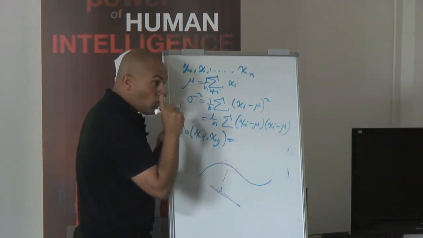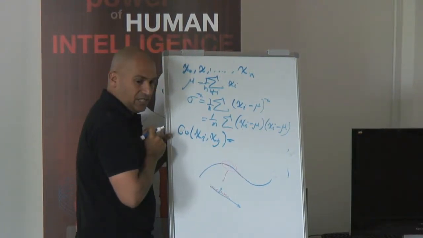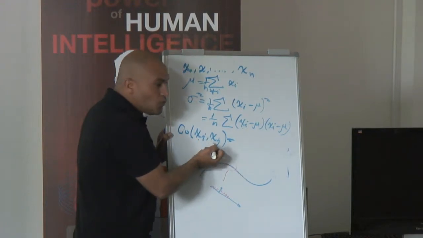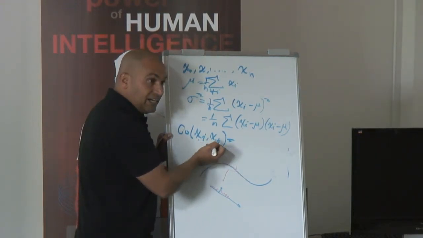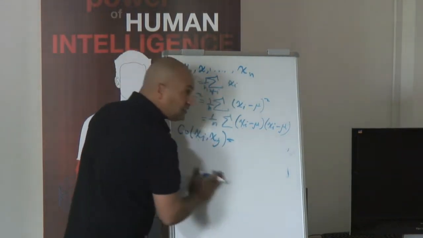This is what's called the covariance. So the covariance will be between any 2 points, xi and xj, and will give us a matrix.